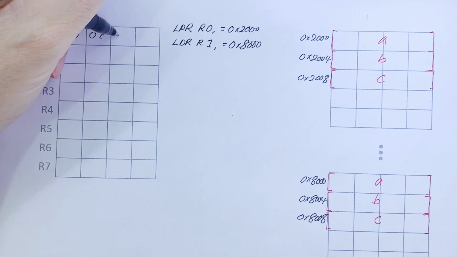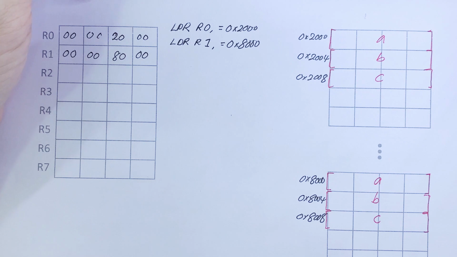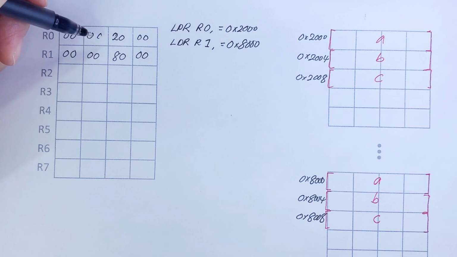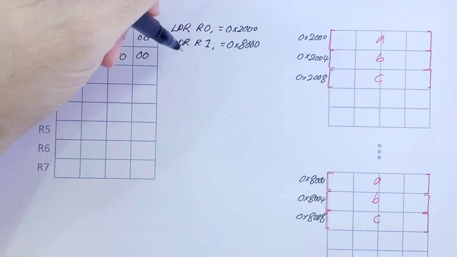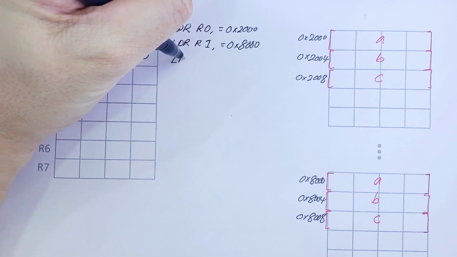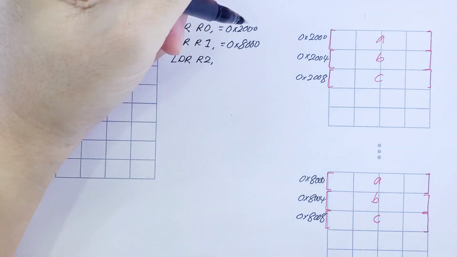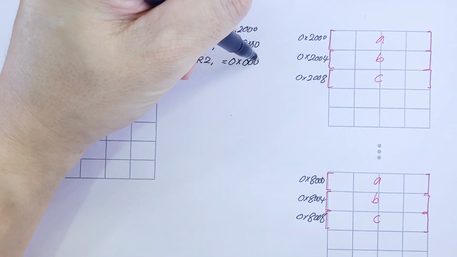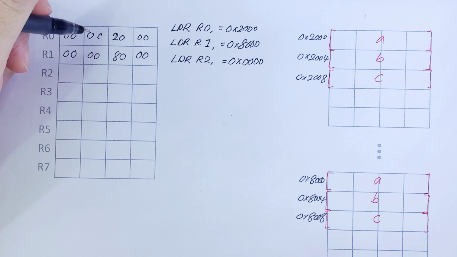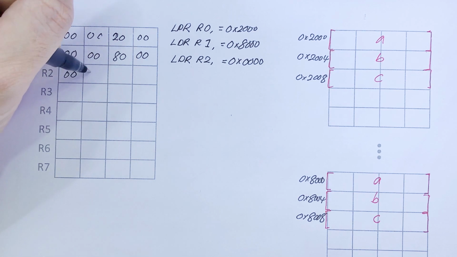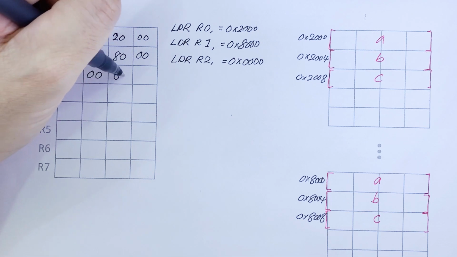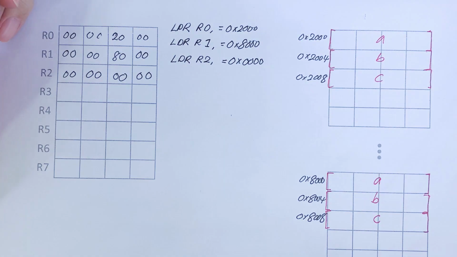So we're going to solve the problem using a loop based on the compare and branch instruction set. I might need another register to be used as the I or the index for the loop. So if I load R2 with 0, basically R2 is equal to 0.